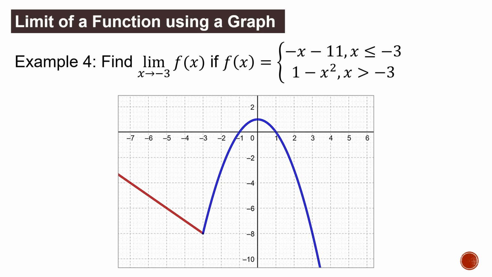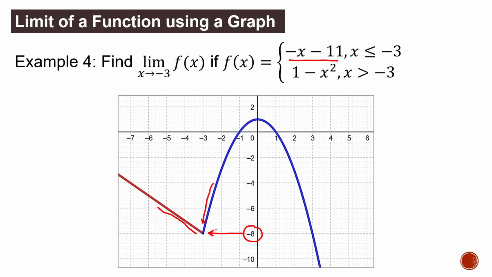So the red one is negative x minus 11. As the x values from the left side get closer and closer to negative 3, that is going to hit negative 8. Also, the numbers from the right side are getting closer and closer to negative 8. So here the answer is certainly negative 8.